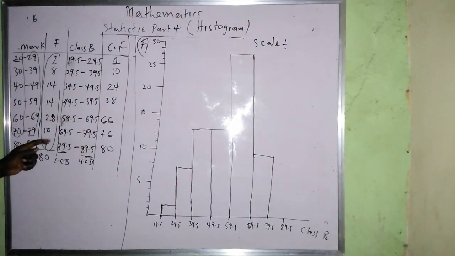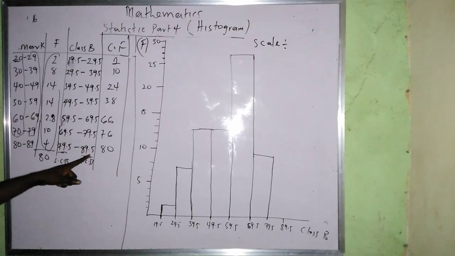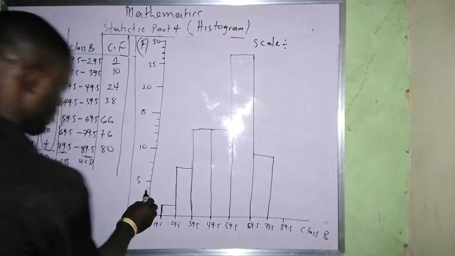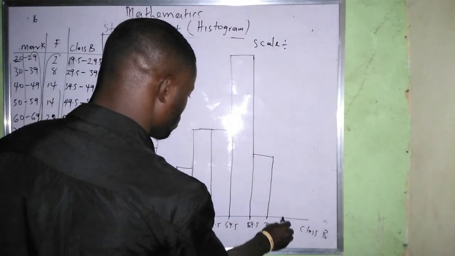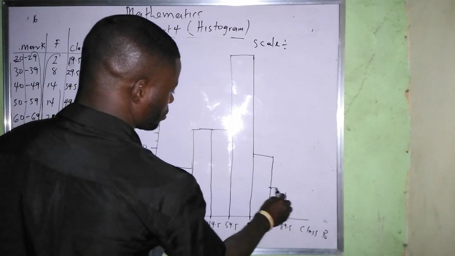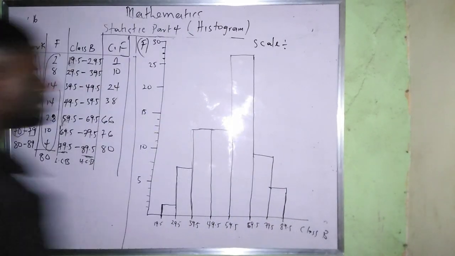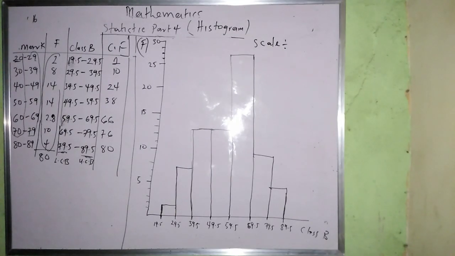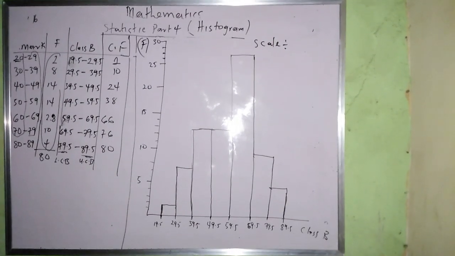Now, 79.5 to 89.5 is in 4. It means that my 4 will be below 5. Successfully, this is my histogram.